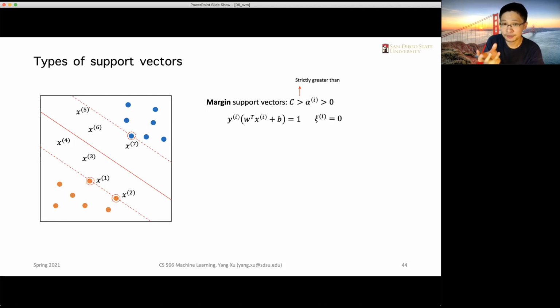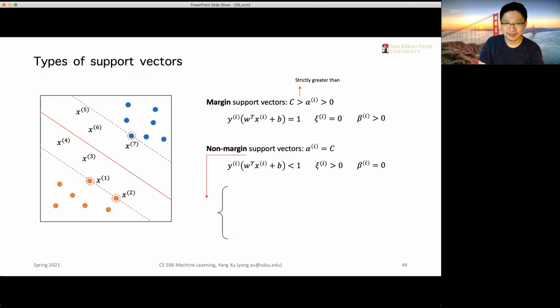They don't make any error, so psi is 0, and beta is therefore greater than 0. The non-margin support vectors correspond to those alphas that are equal to C. They have the relationship y times the linear expression smaller than 1, and their psi is greater than 0 because they are actually errors.